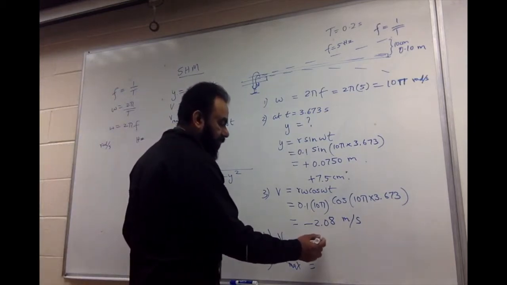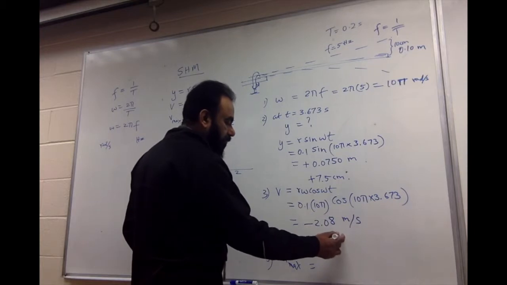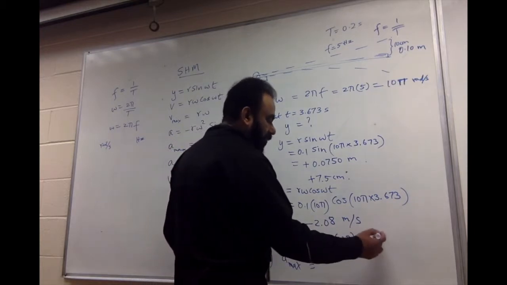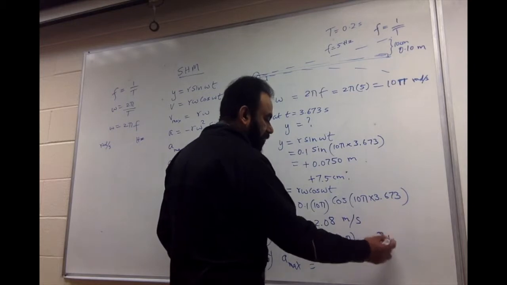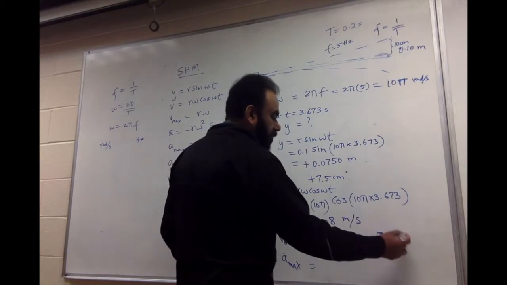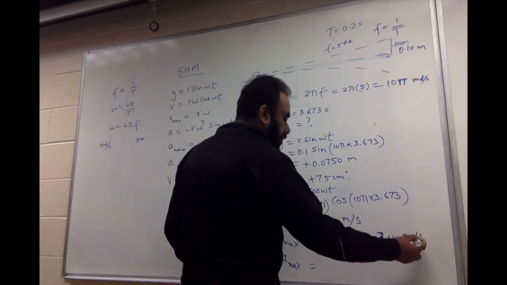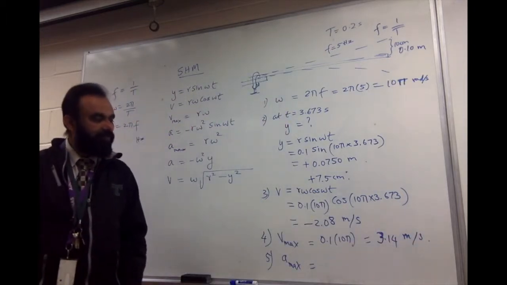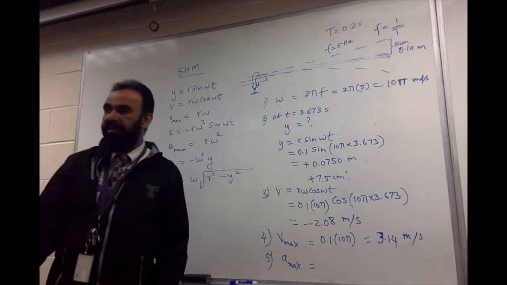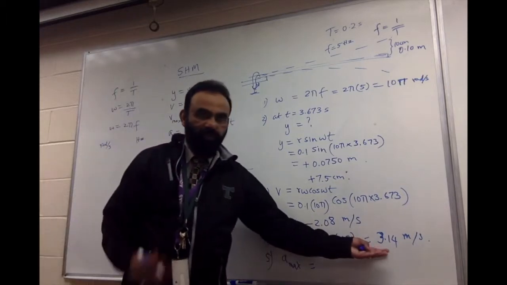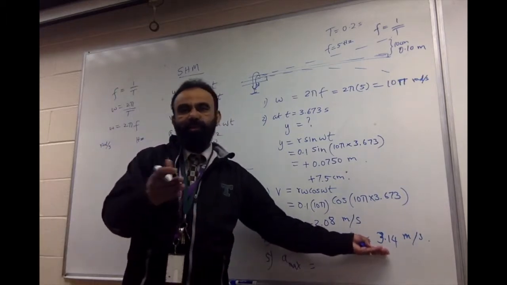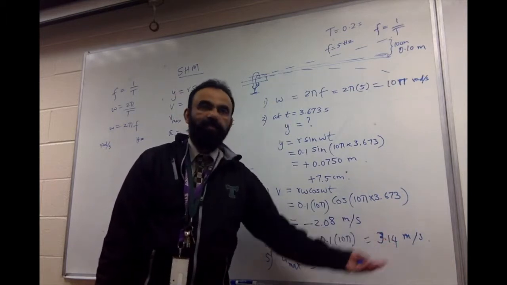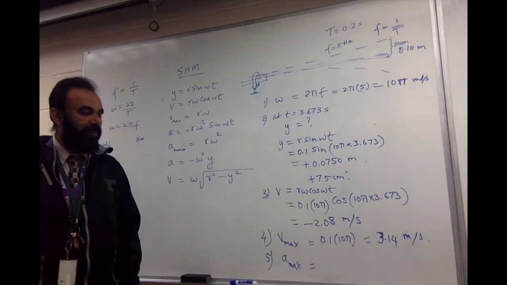So it's just pi, which is basically 3.14. So it's pi meters per second. And again, when you're reaching a final answer, you can always round it off to the right place. So leaving it as pi is not a problem. So 3.14 meters per second.